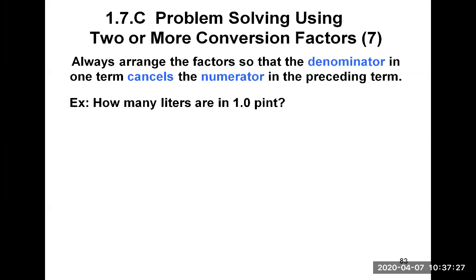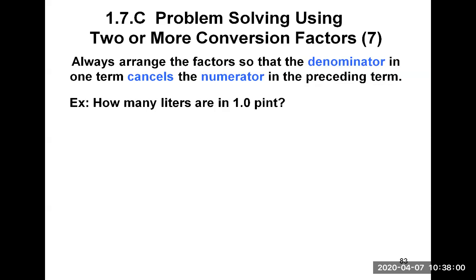So you will want to look at the rows where you have conversions for volumes. And then you will want to look at metric to US. And in metric to US, we have 1 liter equals 1.057 quart. So that can be used to change liters to quarts, but here we're starting with pint.